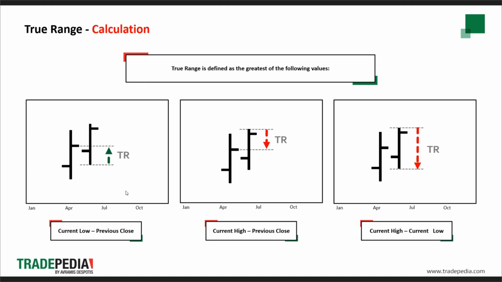We have three types: the current low minus the previous close, or the current high minus the previous close, and lastly the current high minus the current low. So in ATR, we will take the greatest of these three calculations.